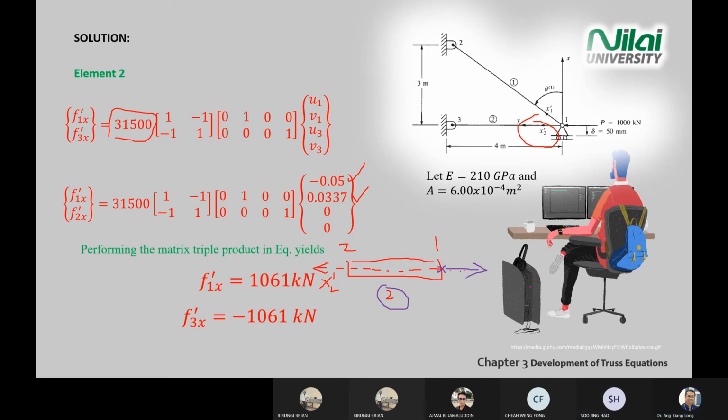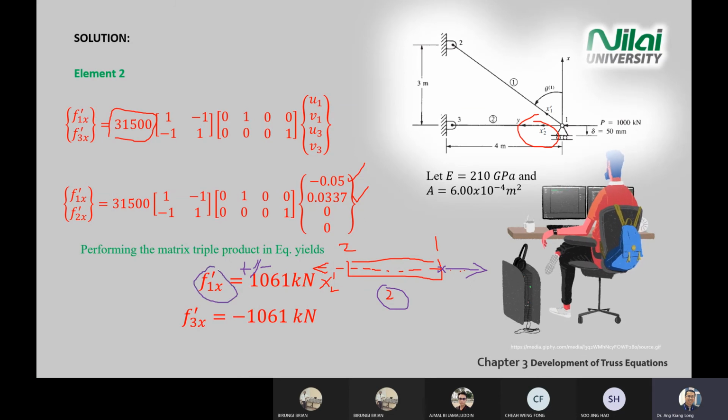Yes. What does this answer give you? Positive or negative? Positive. So what does it mean? What does x prime, f prime mean to you? You're referring to which axis?